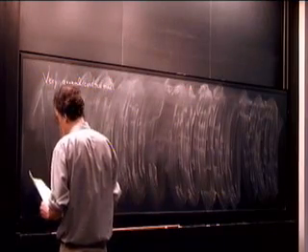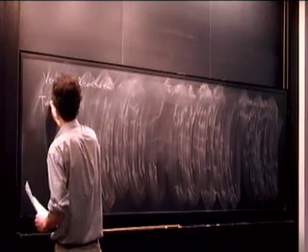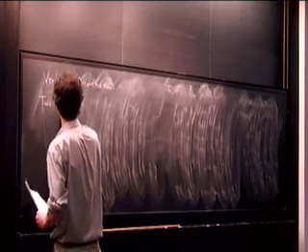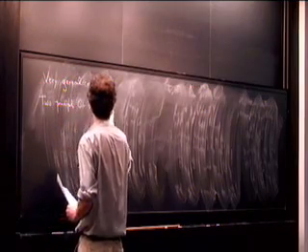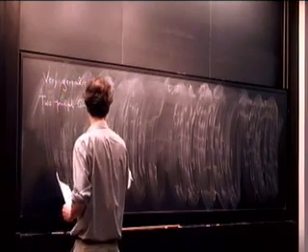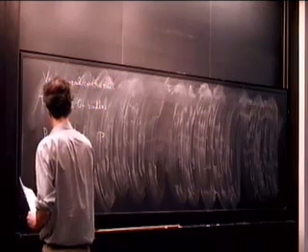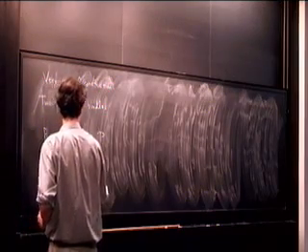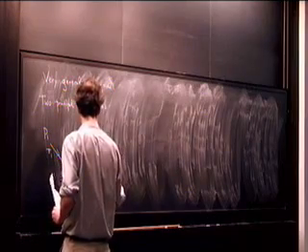Supposing I have two principal G bundles. Okay, let's call them P1 projecting by pi 1 over x1, and P2 projecting by pi 2 over x2.